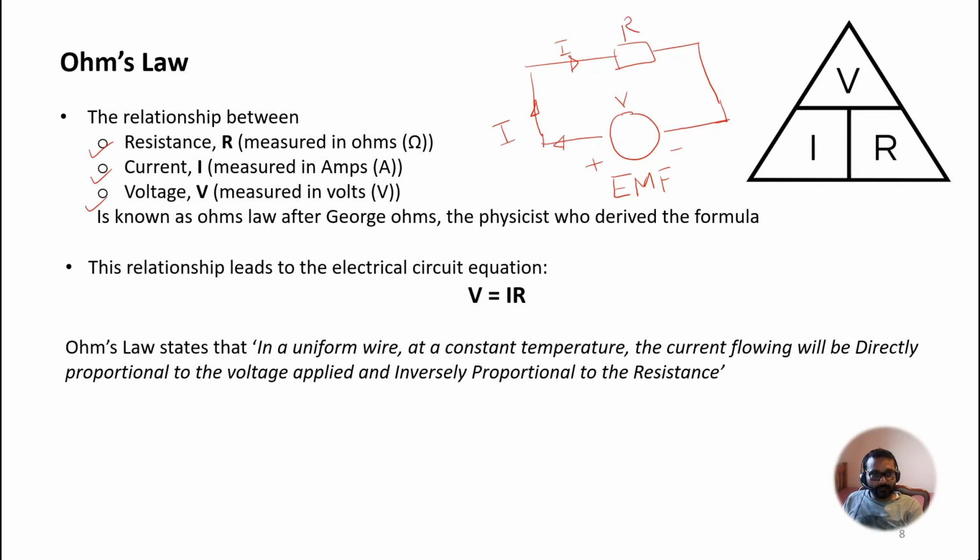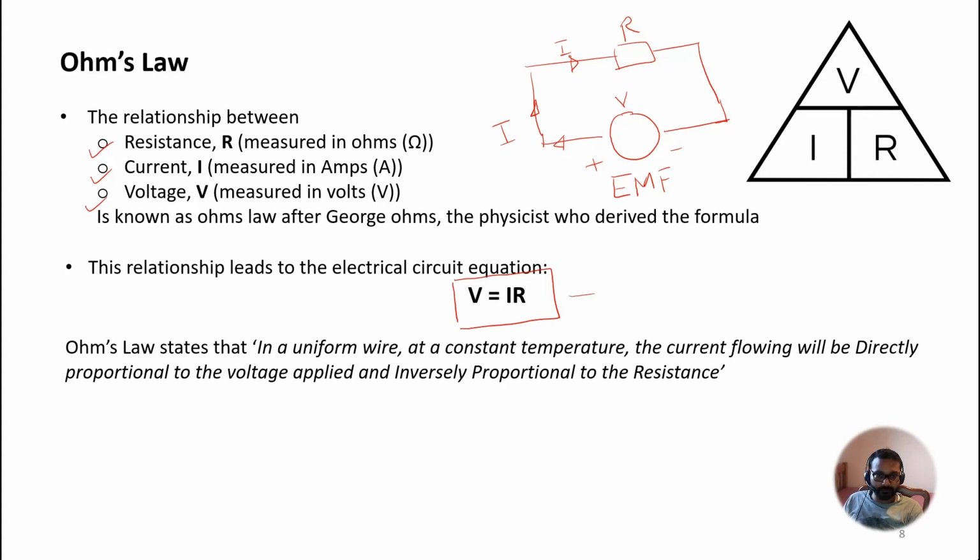So it relates all these three parameters: the force, and the result of it, a current, and some opposition in the circuit. It relates your voltage, current, and resistance. It's given by this equation over here. Voltage is equal to current multiplied by the resistance.